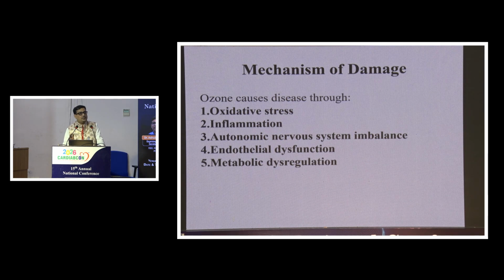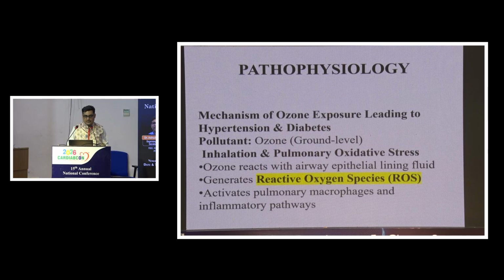Now, the mechanism of damage due to ozone involves oxidative stress, inflammation, autonomic nervous system imbalance, endothelial dysregulation, and metabolic dysregulation. Endothelial dysfunction and metabolic dysregulation are more important in the development of hypertension and diabetes due to ozone exposure.